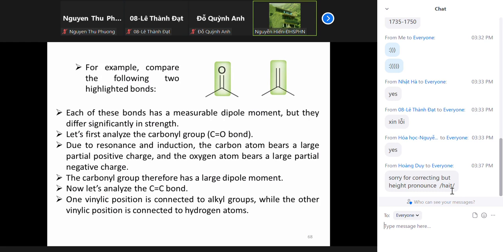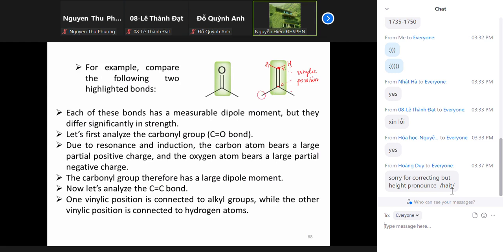If you remember, this is a vinylic position, and the first vinylic position is connected with two hydrogen atoms. And the second vinylic position is connected with two alkyl groups.